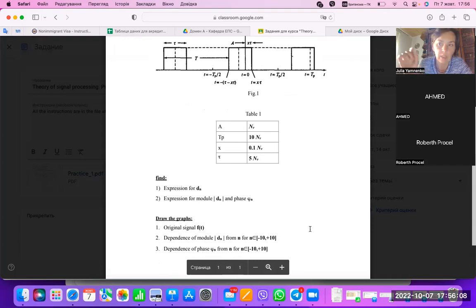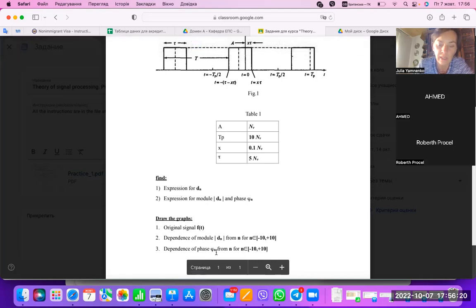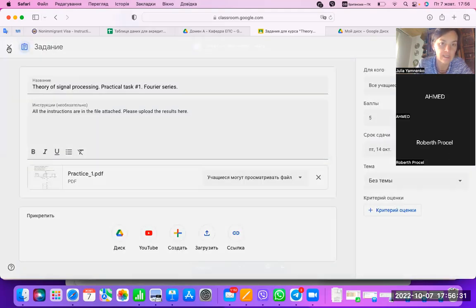And it will be discrete values for n: -10, -9, -8, and so on till +10. And the same range of n you will use for phi n. So you should find the value of phi n for each n, from -10 to +10.